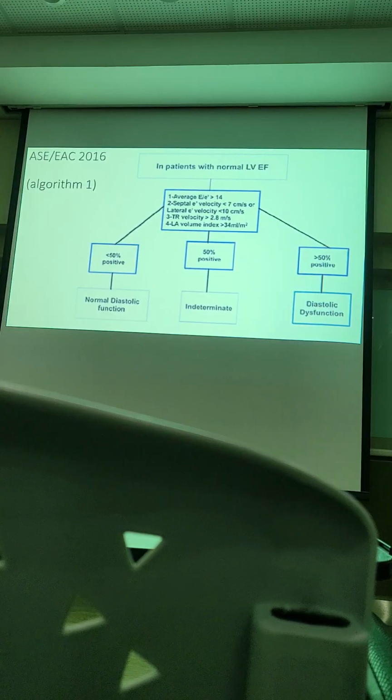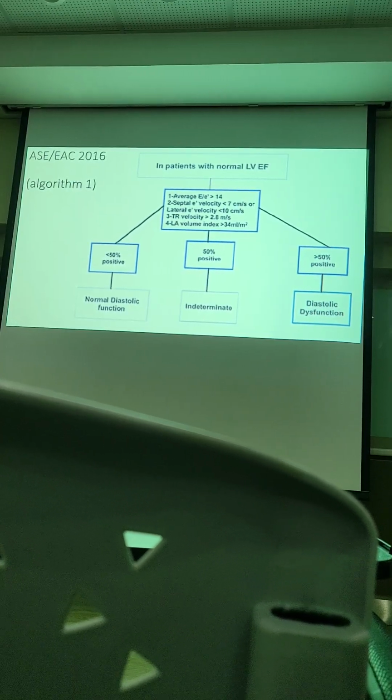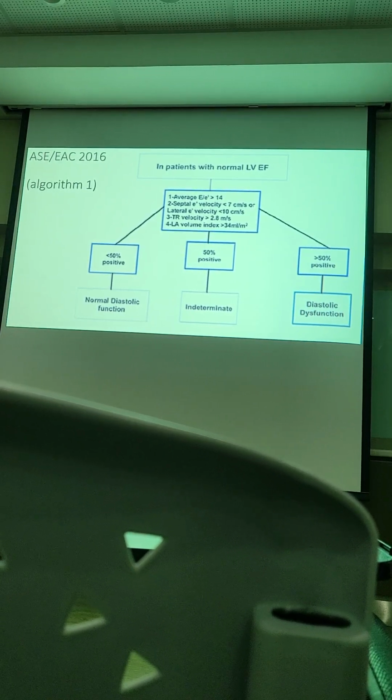Of course, for a patient with a normal myocardium, we use the first algorithm, and once we are convinced that the patient has diastolic dysfunction, we move on to the second algorithm. So remember, kalau normal myocardium, algorithm 1. Kalau memang ada diastolic dysfunction, you move on to algorithm 2. Tapi when the myocardium is already diseased, you terus go to the second algorithm. Tak payah, don't waste your time with the first algorithm.